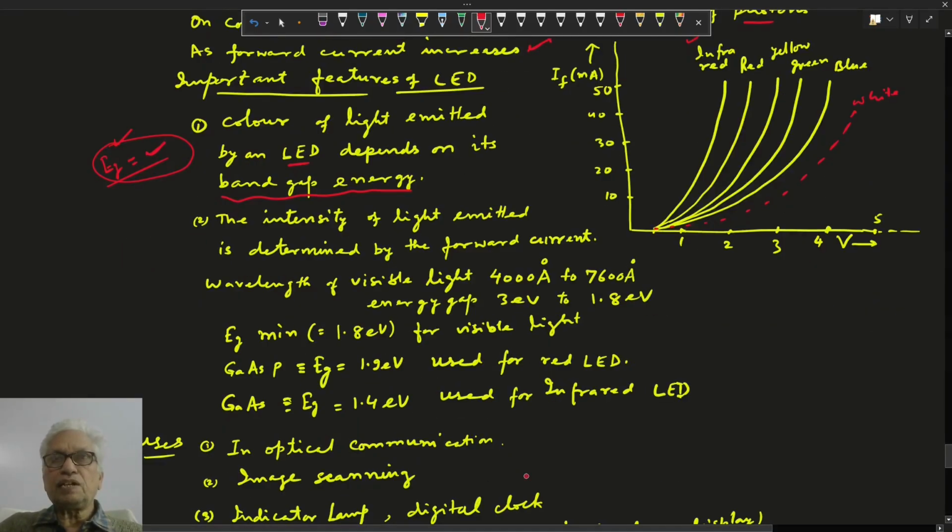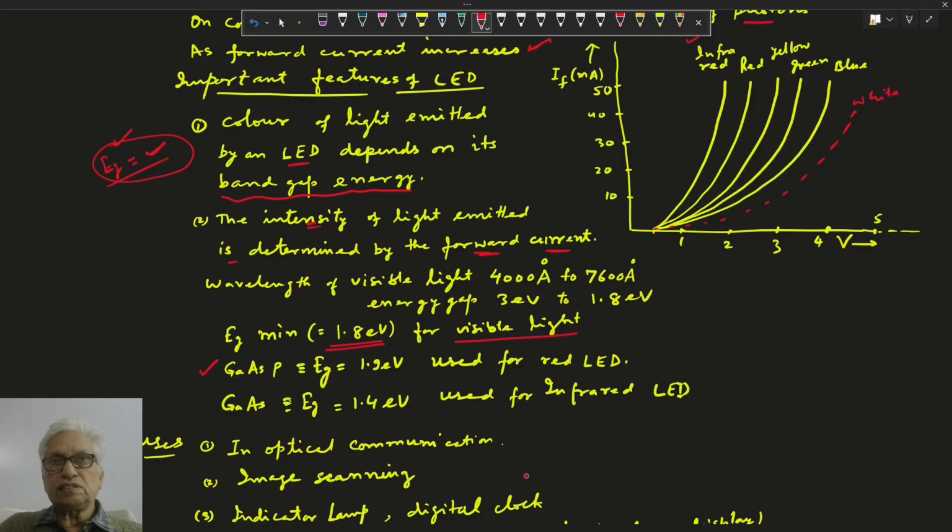The second point: the intensity of light emitted is determined by the forward current, and the energy gap determines the wavelength or frequency of the photons coming out. An energy gap of minimum 1.8 electron volt is a must for the visible spectrum.